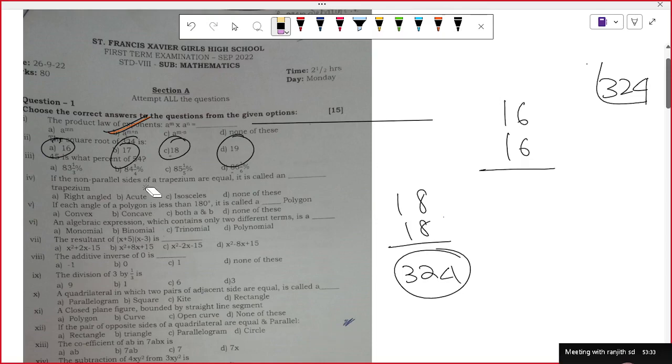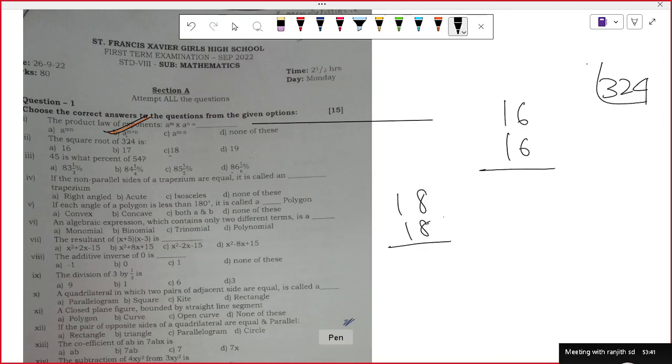The last digit is 4, sir. 4 is an even number, so an even number only will come, like 16 or 18. One more thing: what do 8 eights give you? 64. Can you see 4 in the last? Yes, sir. Can you see 324 in the question? Yes, sir.